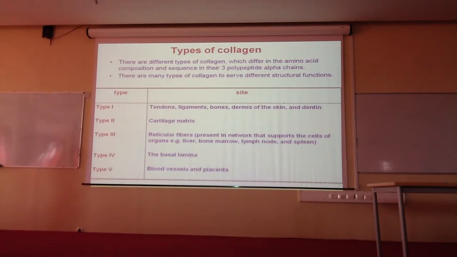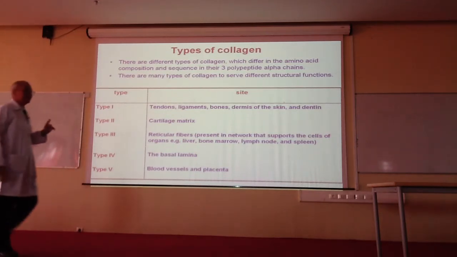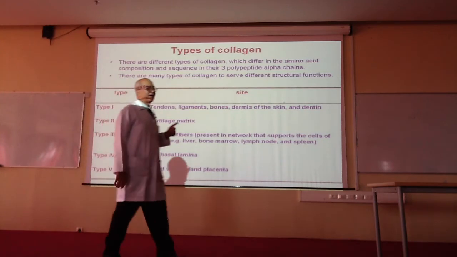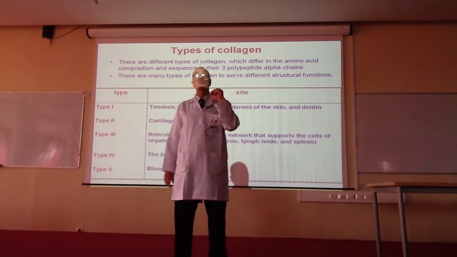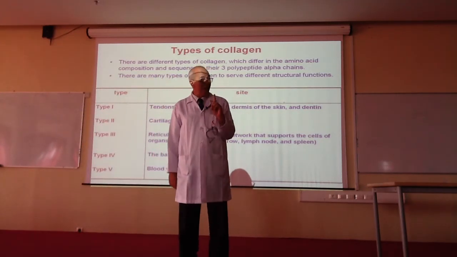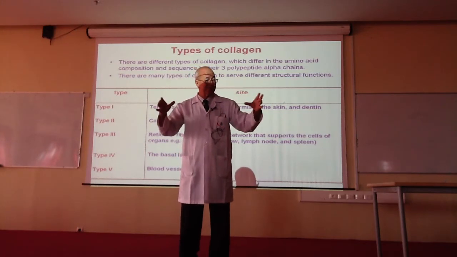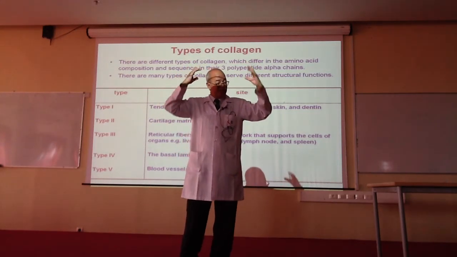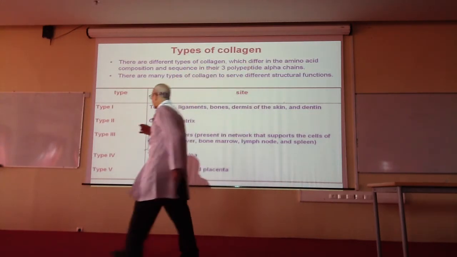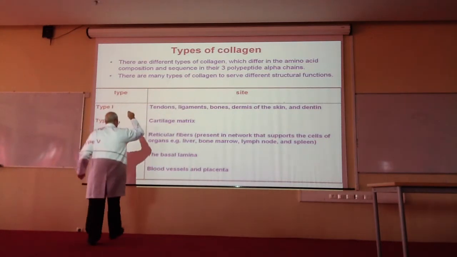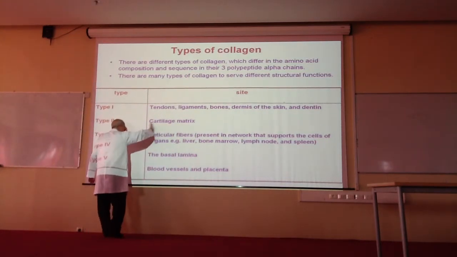Collagen type 2. This is in hyaline cartilage, because we have 3 types of cartilage which differ in the type of fiber content and in the ground substance present between the cells and the fibers. So collagen type 2 is present in hyaline cartilage.